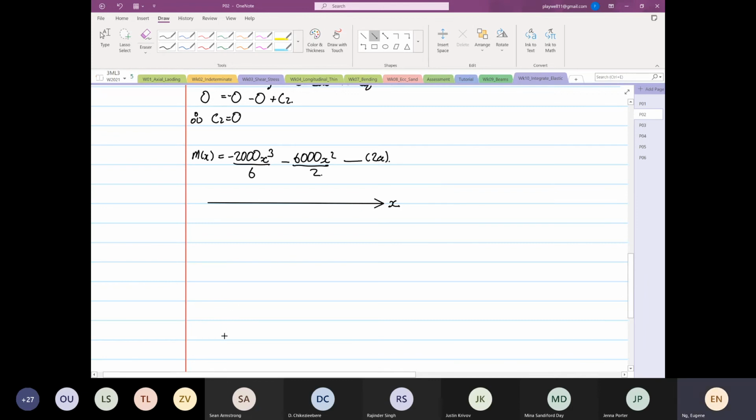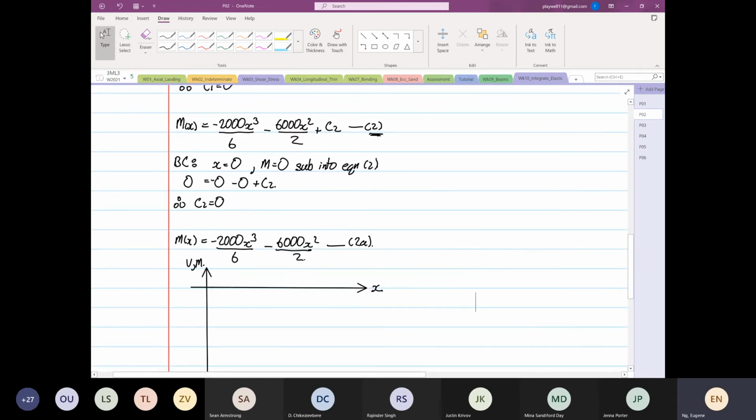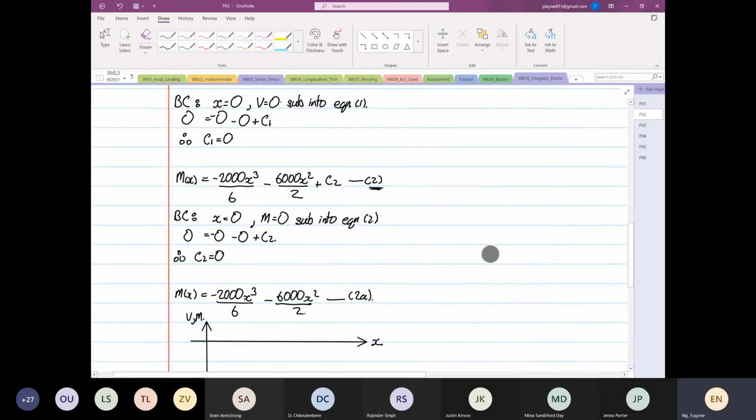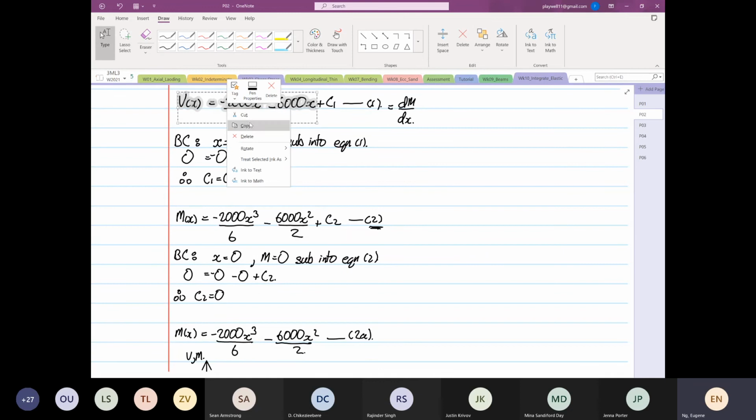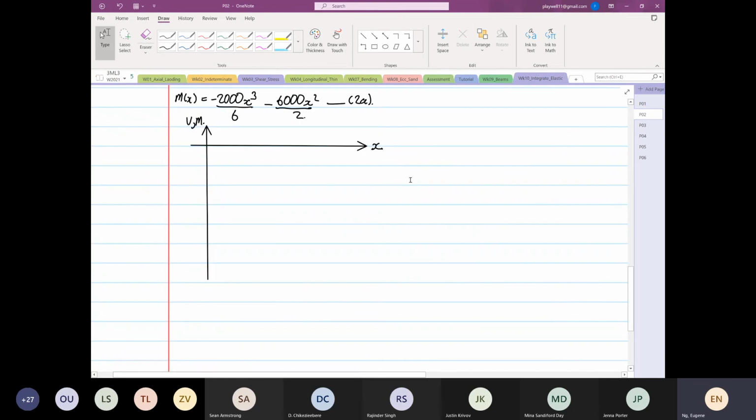So you have, this can be V or M, depending what you use. So let's look at the first equation. Let me copy the first equation. I'm going to ignore the C1 because the C1 we found is equal to 0 already.